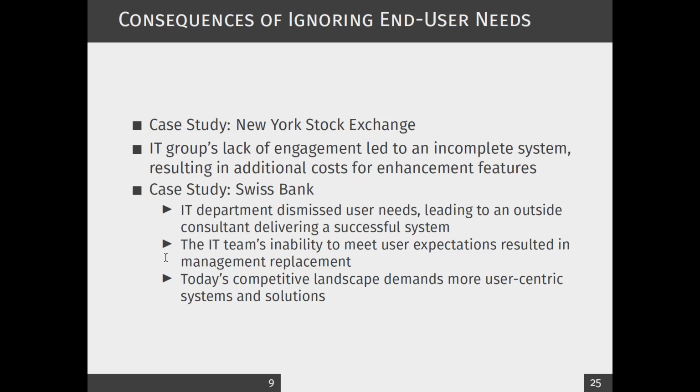So this might happen. If you just implement something without incorporating the users, they might not like the product, and they may request enhancements, which you need to spend more money on.